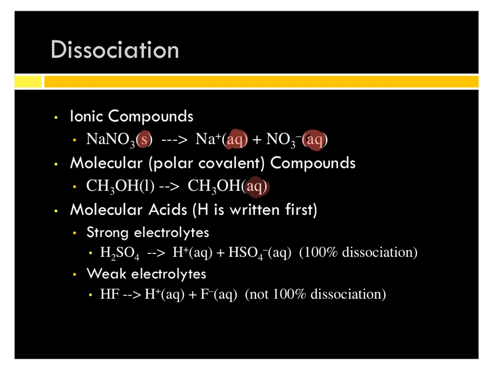So it kind of leaves this area of H to be pulled off, especially if that negative side of the water comes nearby. The negative side of the water is going to really grab a hold of that H plus ion and rip it off and become a hydronium ion.